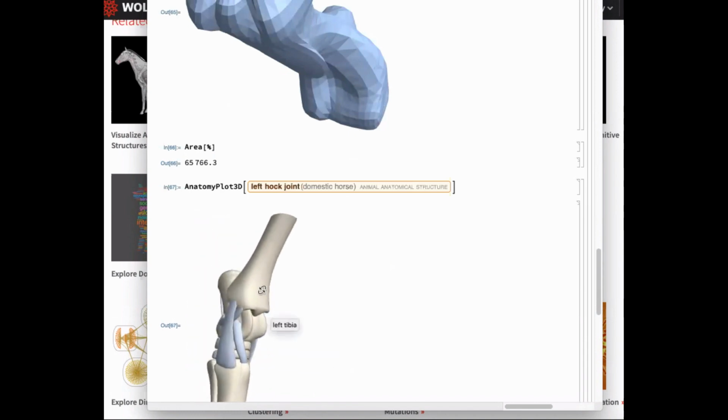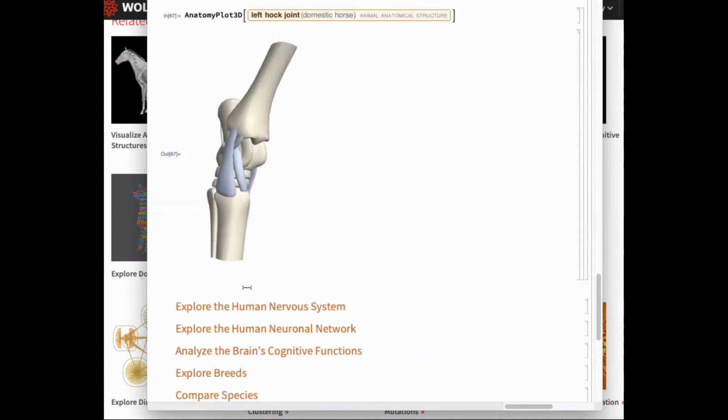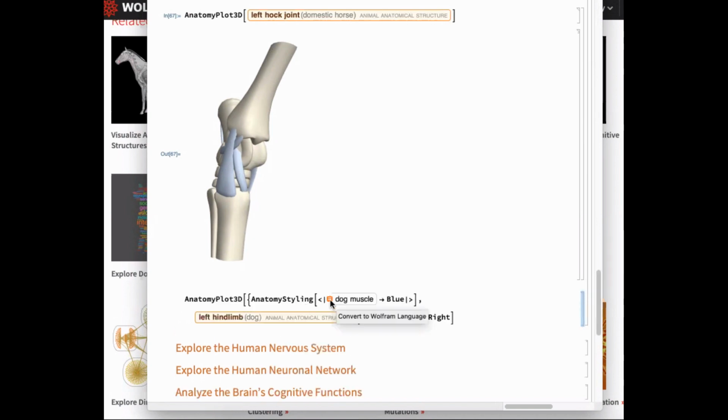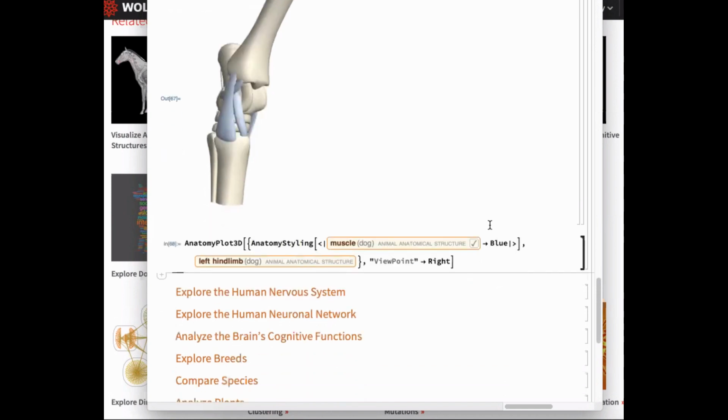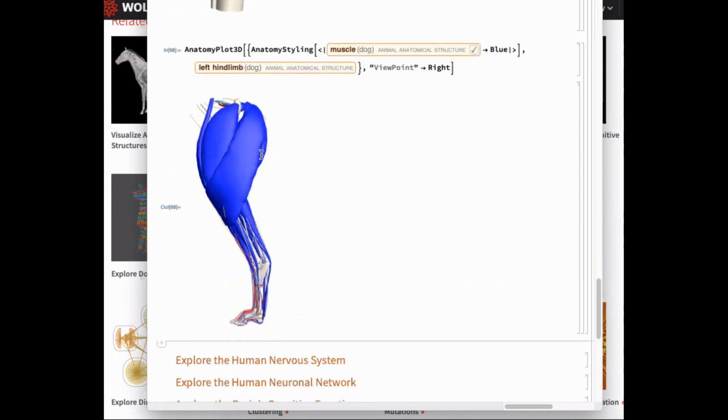As you can see, the meta information is all baked in the model, and you see the associated entities for each subpart. And you can also add some custom stylings here. Here you specify the tissue colors. For example, dogs' muscles should be blue. So here you get the muscles in blue.